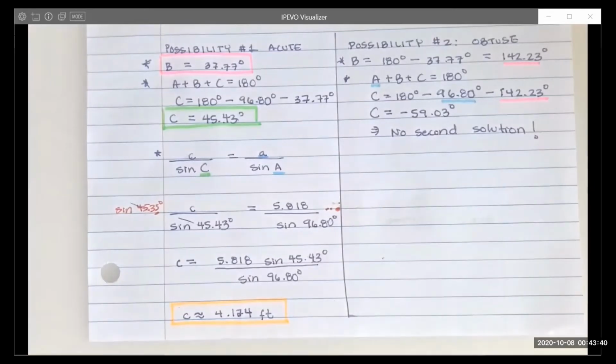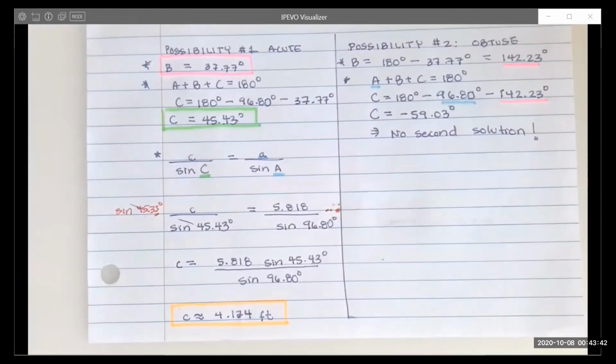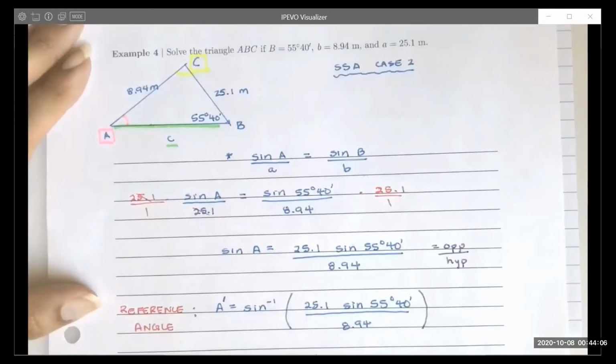All right. Any other questions before we continue? Are we going to get a problem where there's no solutions? Yeah, there could be a problem like that. It will look very similar to example 4 on page 5.